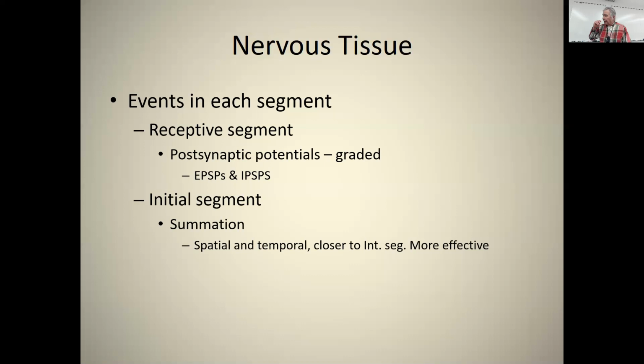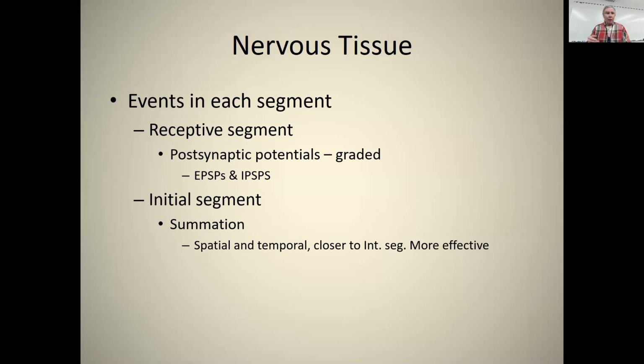All these EPSPs and IPSPs are added because they travel from where they happen on the dendrites to the initial segment, right? And they get smaller the farther they have to go. And remember the characteristics of graded potentials, or local potentials.